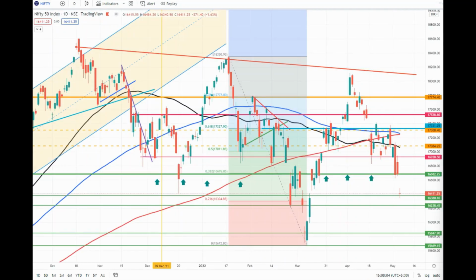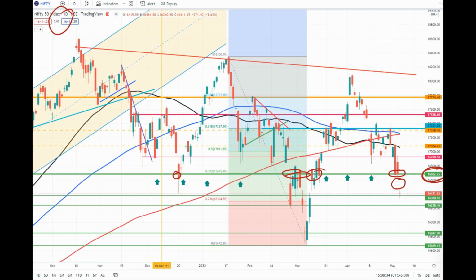Let us now move to a larger time frame chart. That is now a 1-day chart, and you can see that so far 16,682 is acting as a resistance for almost 5 months, and that level is comfortably broken down, and that too with a huge gap down, and the candle formed is more like a doji.